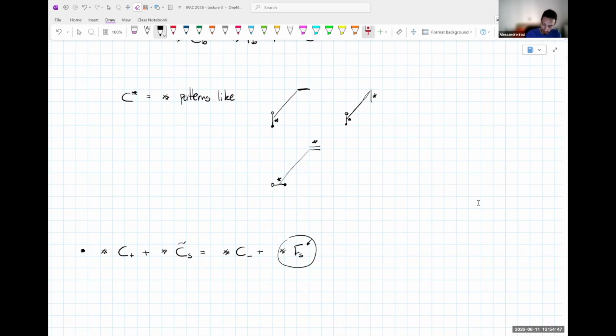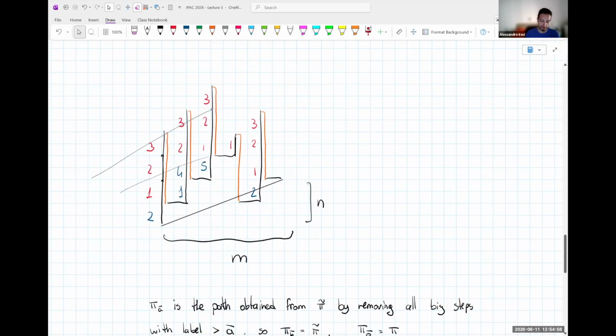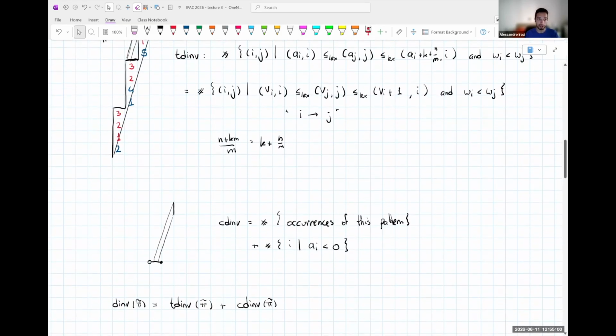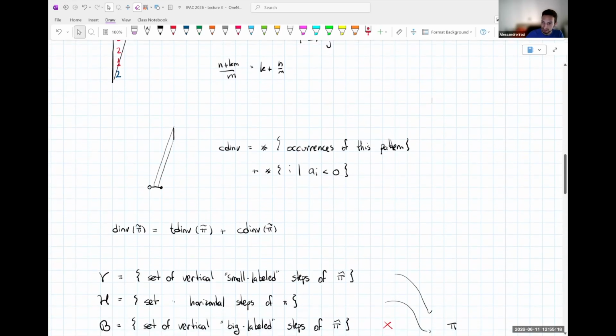So these two I already mentioned. This one and this one. And this C plus and C minus are just the analog terms in pi. So the number of patterns like this and the number of patterns of the other shape. Let me draw them correctly, just to check, again, not say anything especially stupid.